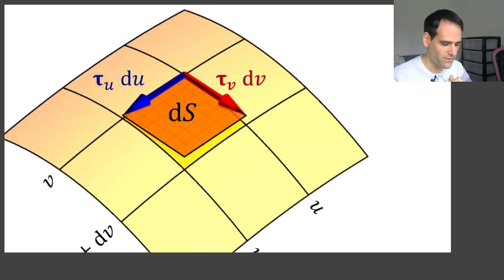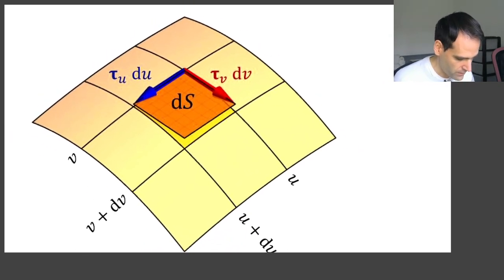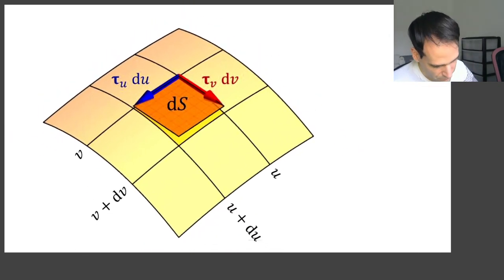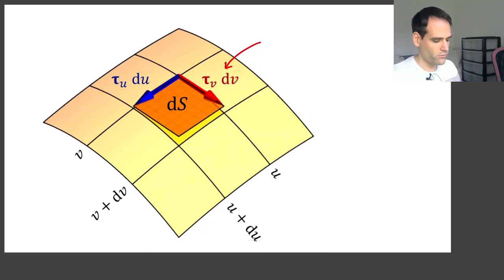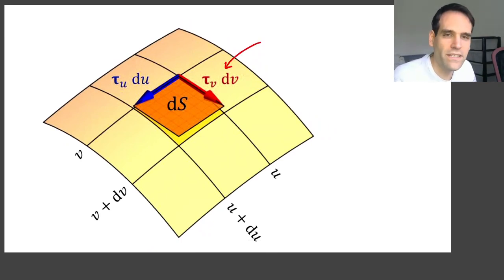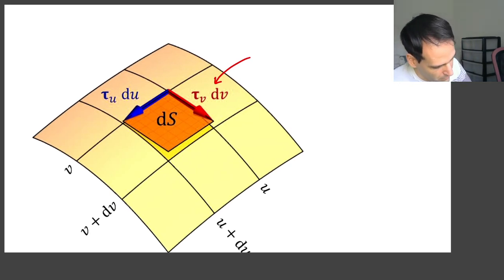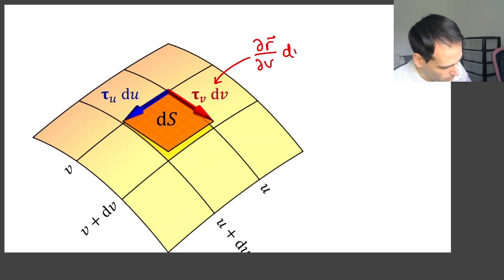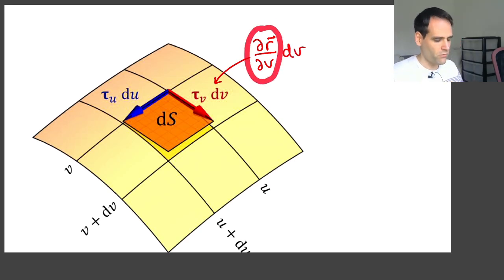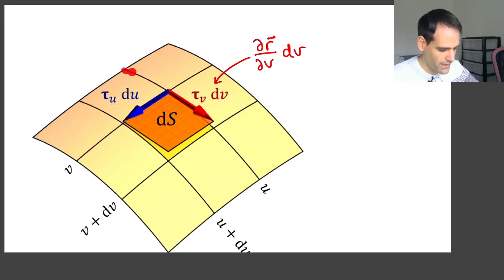So what is the size of this rectangle? Actually, it's relatively simple. So this red arrow here, which I wrote here as tau v times dv, is nothing else than the partial derivative of r with respect to v times dv. Remember that the partial derivative of r with respect to v was a vector that is tangent to the lines of constant u.